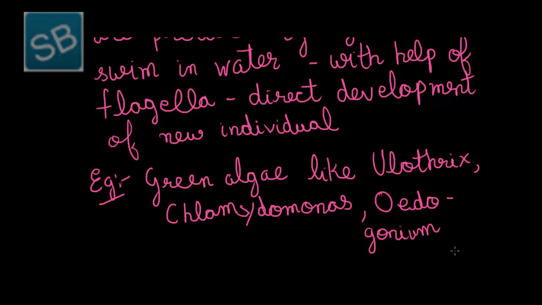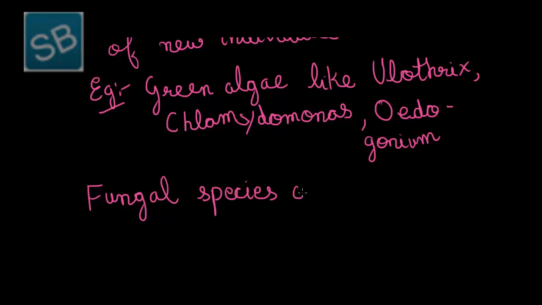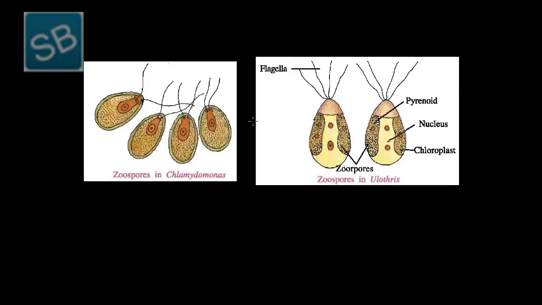These are the families that belong to green algae. However, development of zoospores also occurs in few species of fungi, like the fungal species of Eumycota. But these are only few exceptions. Mostly, zoospore formation occurs in fungal species and algal species.